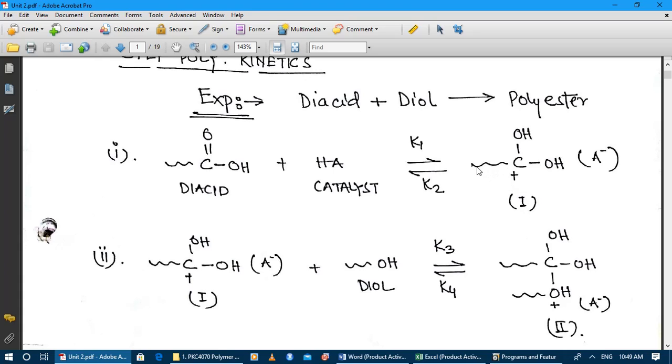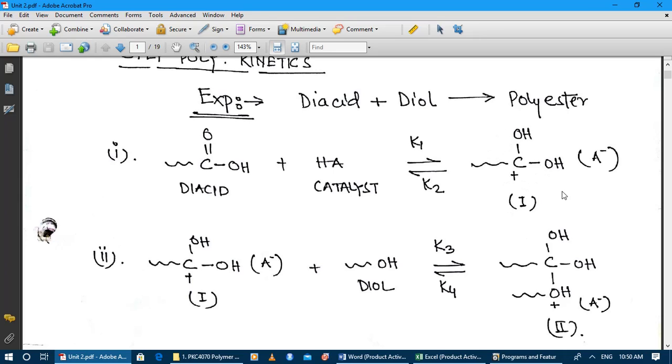This species 1 is C(OH)2+ and A negative. This A negative comes from the catalyst. This is the intermediate which will be formed momentarily, for a microsecond kind of duration.